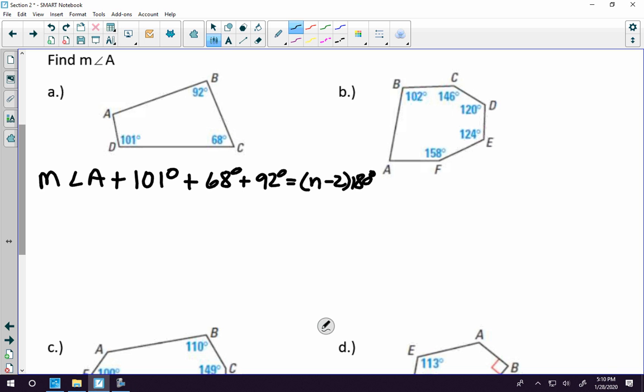Remembering that n minus 2 times 180 degrees is going to give us the sum of the interior angles in this convex quadrilateral. So we have the measurement of angle A.